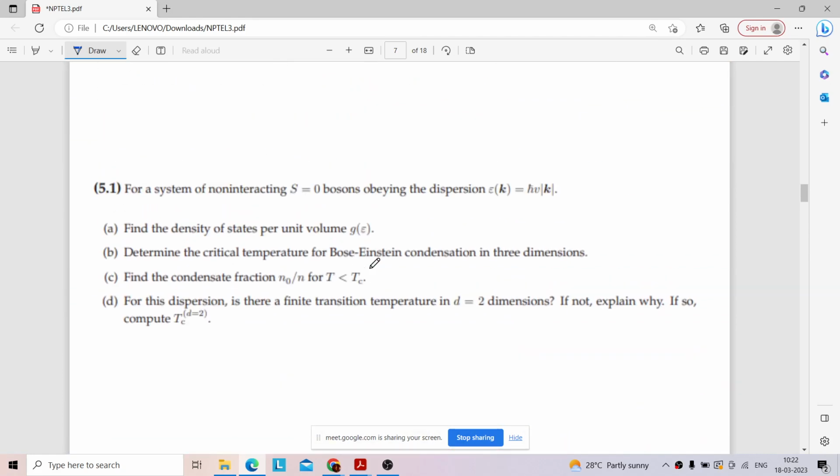Then we'll go to our next question. So for this next question, I have to tell you something about density of states.